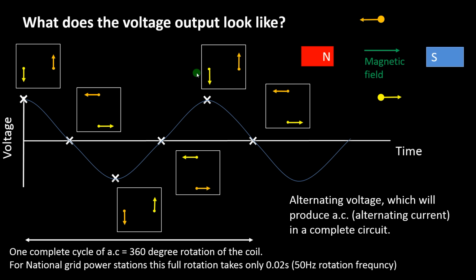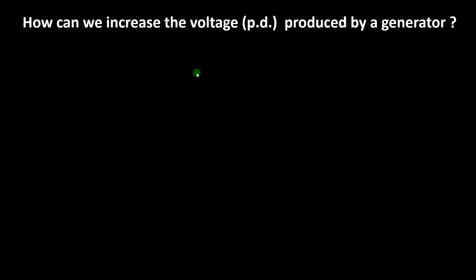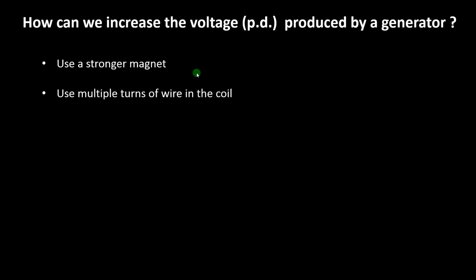Okay? Right. How can we increase the voltage produced by a generator? Well, this is very similar to the list of things for increasing the force on a motor. Stronger magnets again. Multiple turns of wire in the coil again, because each one will have a voltage induced across it. And when you put multiple coils of wire in your generator, it's like putting multiple cells in a row.